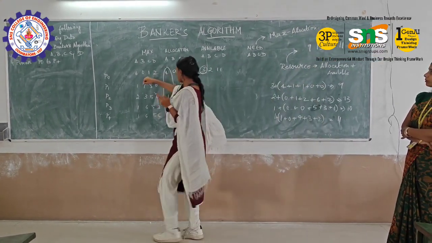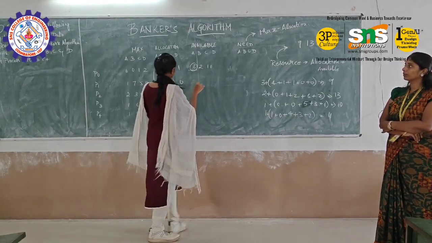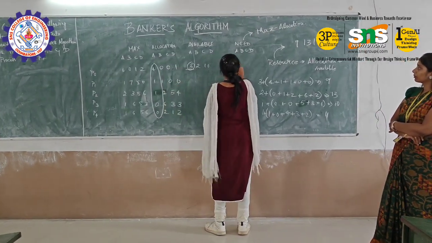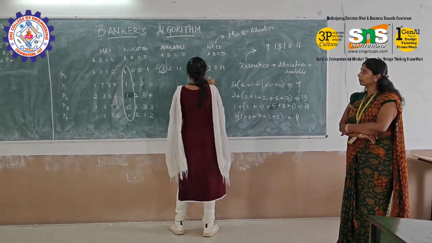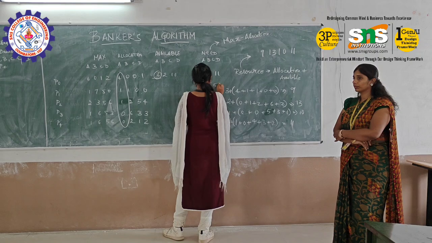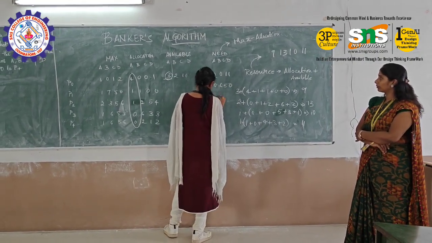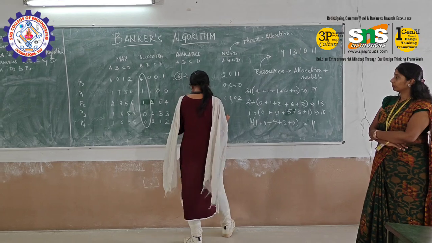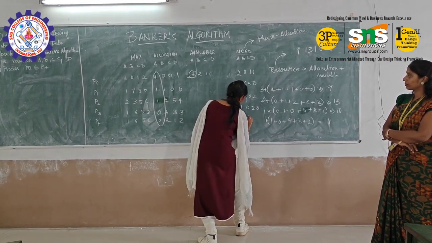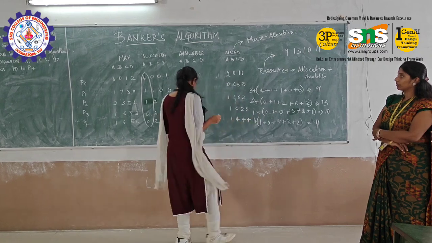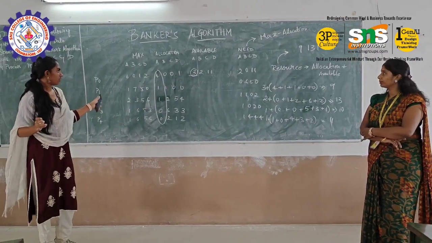As we subtract allocation from max, we will get the following need: 2, 0, double 1 for P0, then 0, 6, 5, 0 for P1, double 1, 0, 2 for P2, 1, 0, 2, 0 for P3, and for P4, 4, 3, 1. So this would be the need for the following processes.